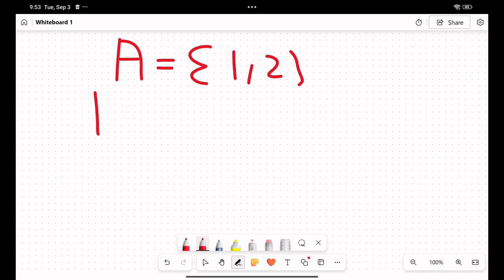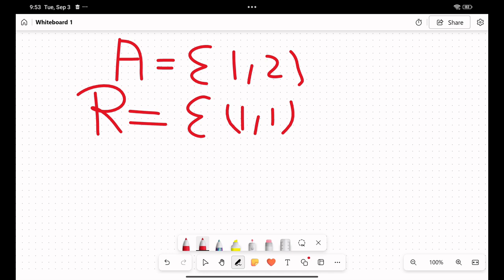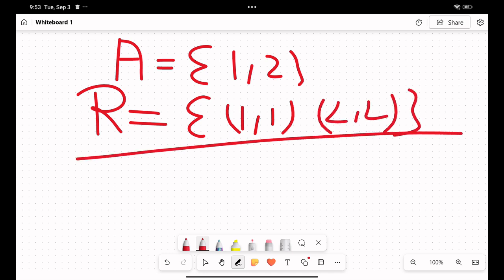And suppose my R, there are many R. I told the total number is 16 relations. Out of 16, suppose I am taking only (1,1), (2,2). So I am asking, is this reflexive? Yes, because every element of A is here. This is reflexive, this is symmetric, this is transitive also. So this R is an equivalence relation.